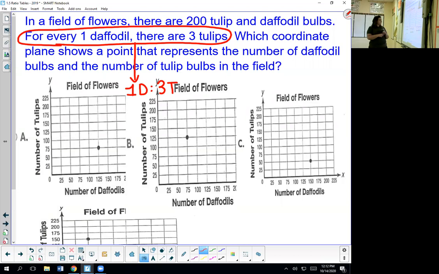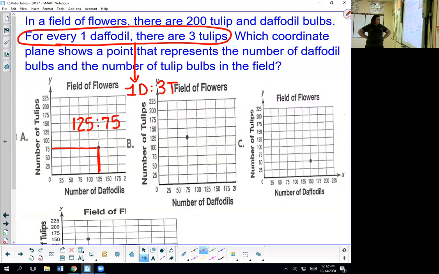So let's look at the first one. In A, number of daffodils is 125. So this is 125 daffodils to 75 tulips.